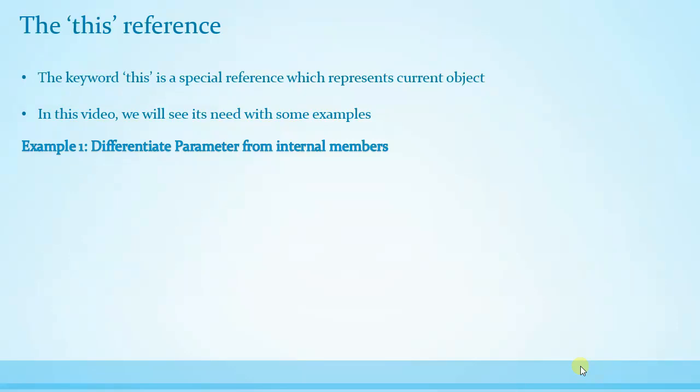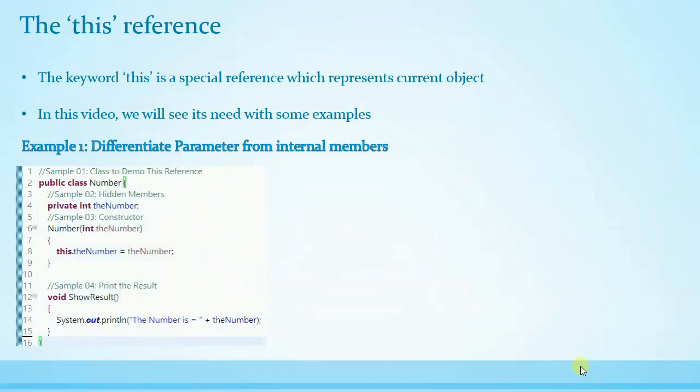First we will see how to use the this reference to differentiate the parameter from the internal member. Here is the code snippet. The class name is Number. It has a member, a constructor, and a method to show the result.